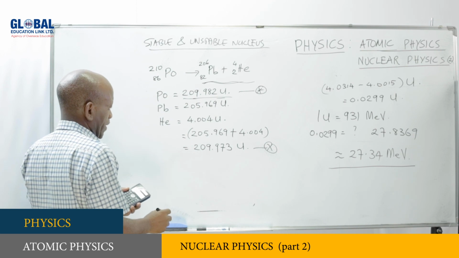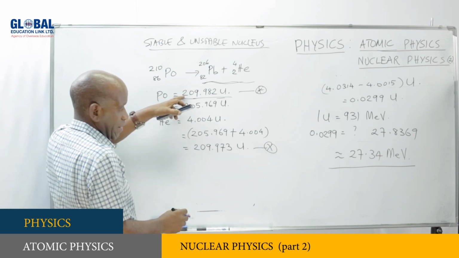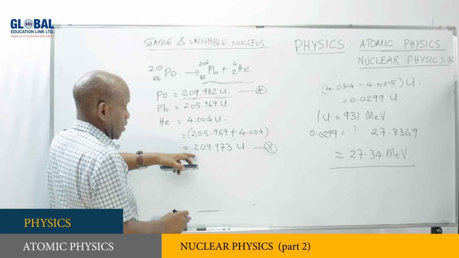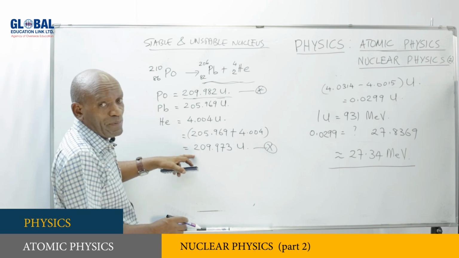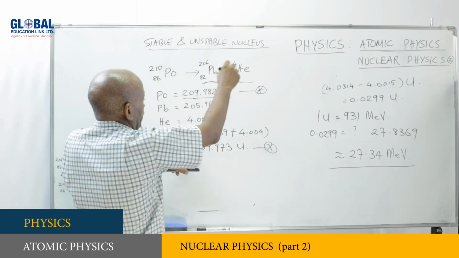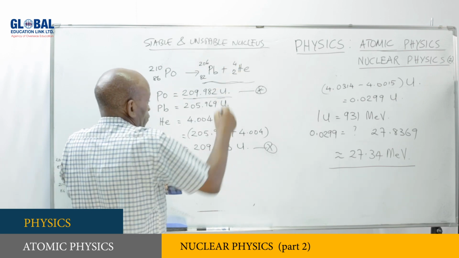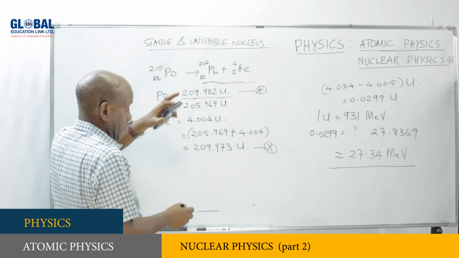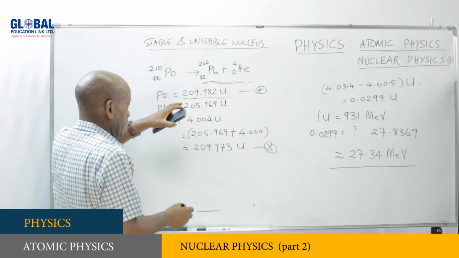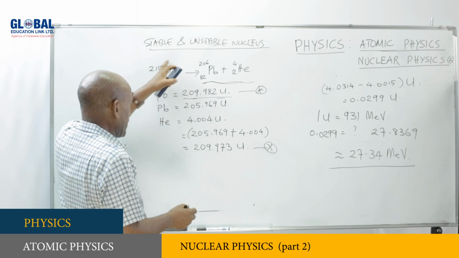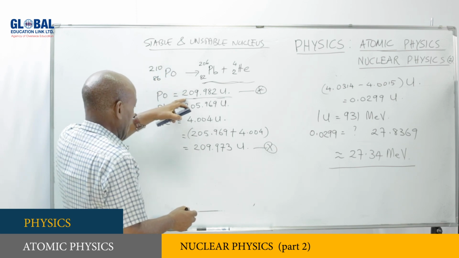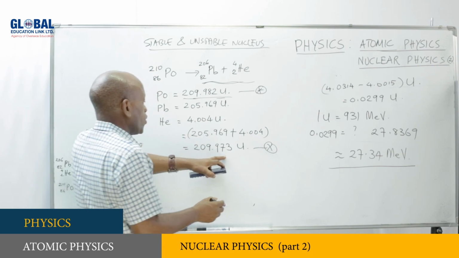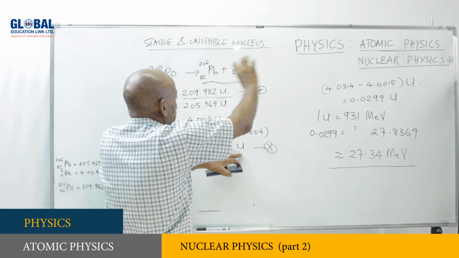You will be able to find that this one is really bigger than the products that are going to be produced by such a reaction or disintegration, whereby an alpha particle is released. Therefore, from what I've already said previously, the atomic mass unit of the mother nucleus is really bigger as compared to the sum total of the unified atomic mass of the products.